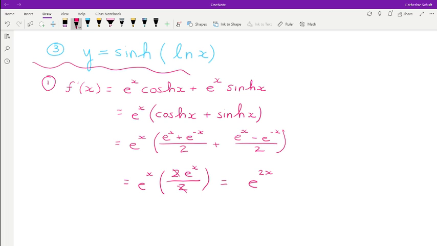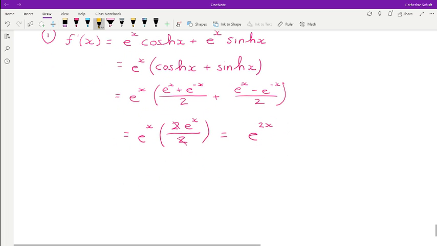Alternatively, so I'll switch colors for this one, f prime of x, oops, sorry, let me back up. Okay, so the hyperbolic cosine, we would substitute that first.